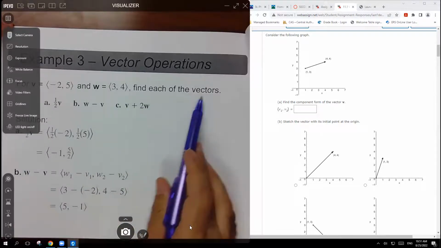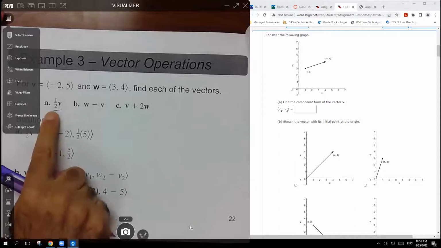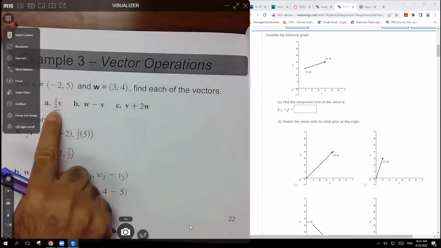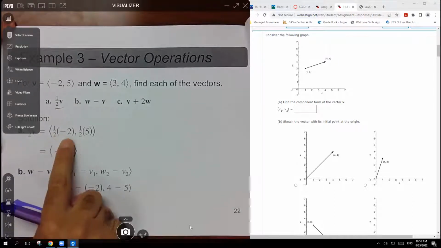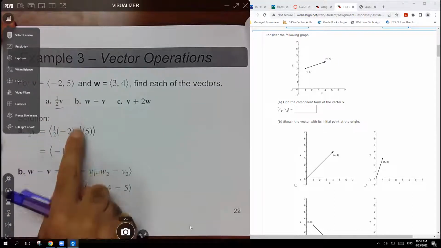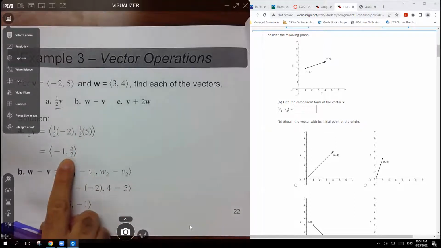Find each of the vectors. You see, it's multiplying the vector V by half. So what is going to happen is half times negative 2 and half times 5. So here is the new vector, which is going to shrink. You're going to shrink the vector, but it's going to be the same direction.